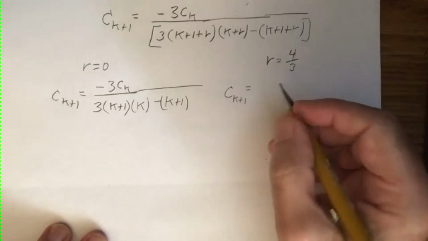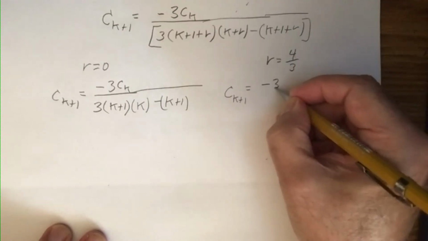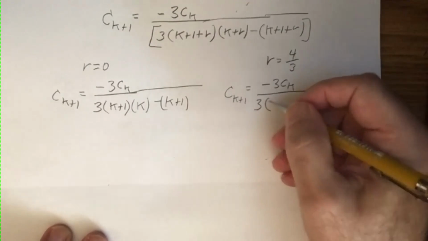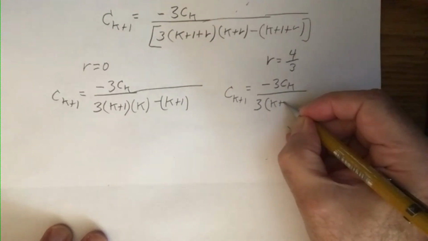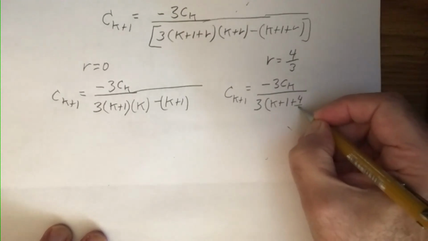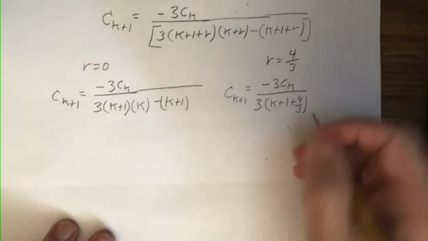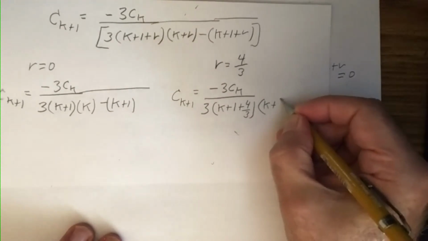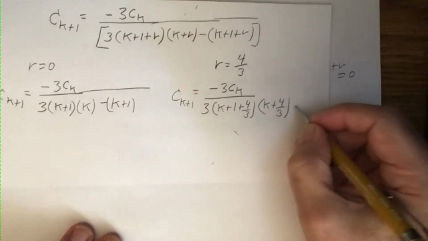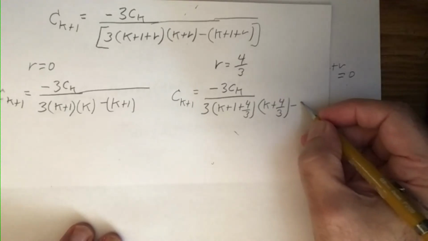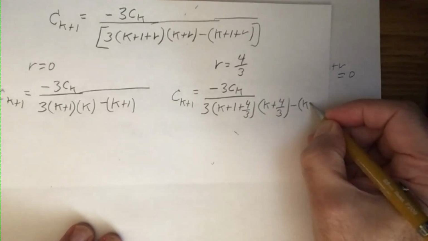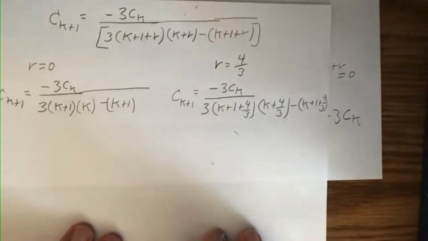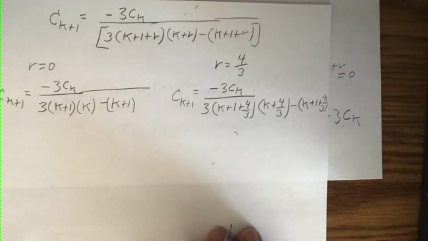I'm going to have a 3 times (k plus 1 plus 4/3) times (k plus 4/3), and then minus (k plus 1 plus 4/3). Should have left myself some more room.